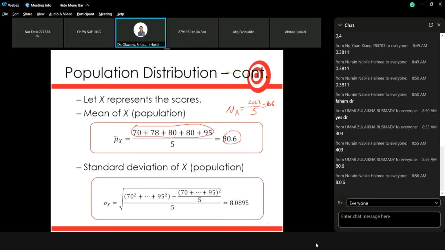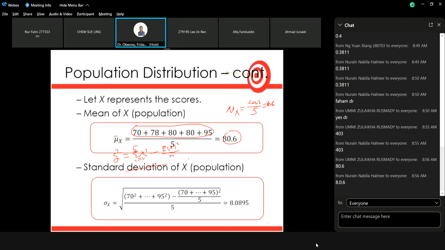Okay. So you now look at the population standard deviation. First, you can look at the variance. So you use this formula. Here you say summation x square, i from 1 to 5, minus summation x, square, all over n.